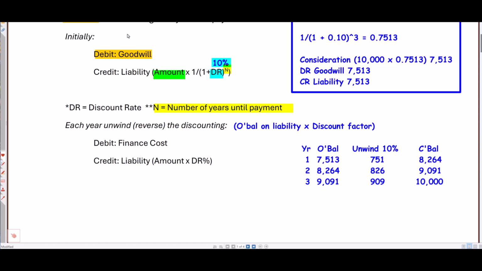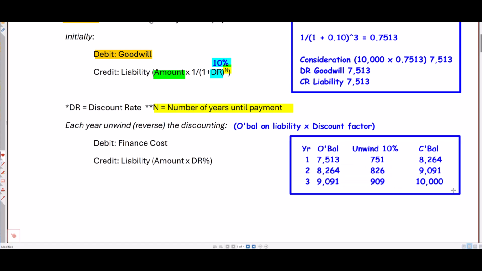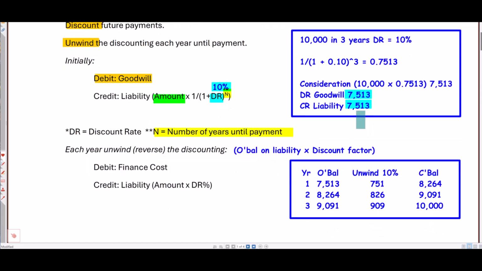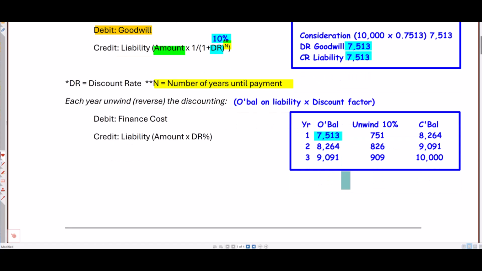Now think about what's happened here. We discounted the initial 10,000 at 10% and created our goodwill based on that. So we discounted it, created goodwill and a liability. The liability started off at that amount, and then we have unwound it each year, reversed the discounting, treated it as a finance cost, and that has increased the liability.